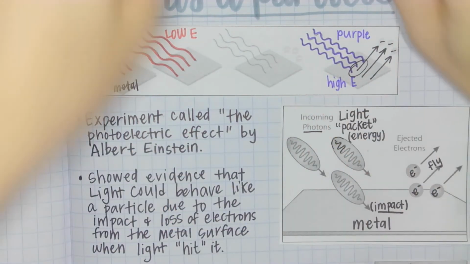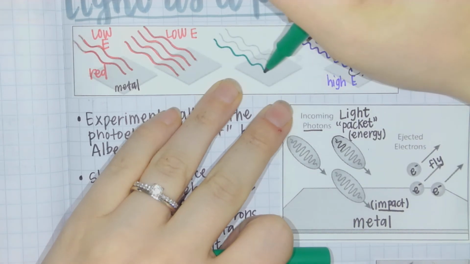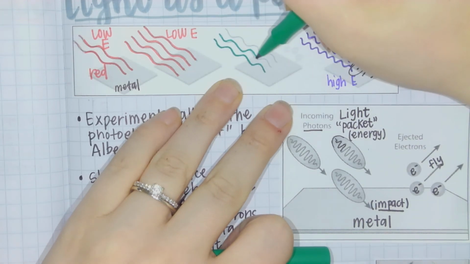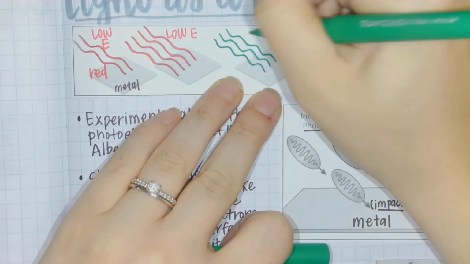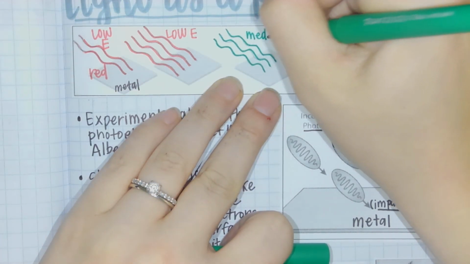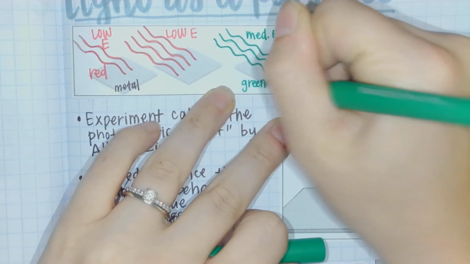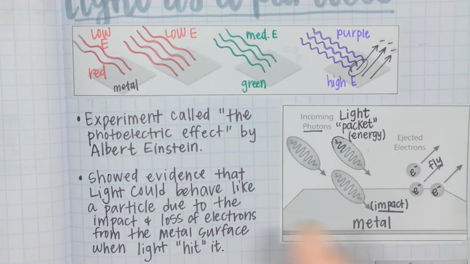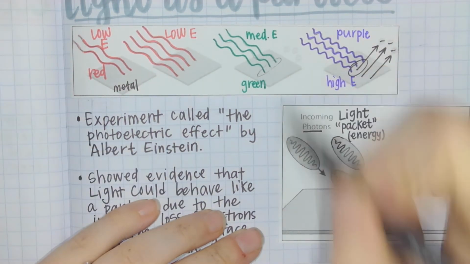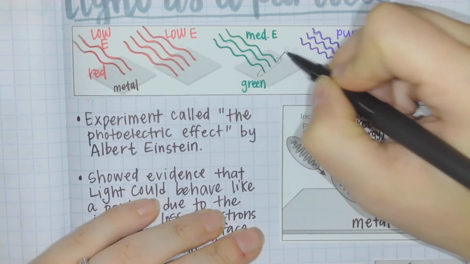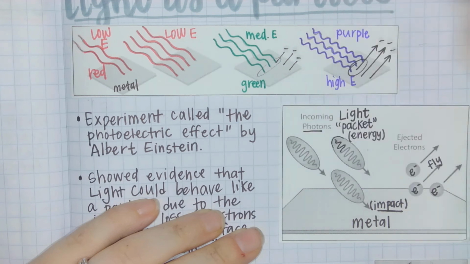Notice the difference though when we get to green. Green's kind of a medium color. It's between red and purple, a little bit higher energy than the red. So we'll label this medium energy and green. Green energy comes in, impacts, and it does shoot off electrons, but notice from the image, they are not there.